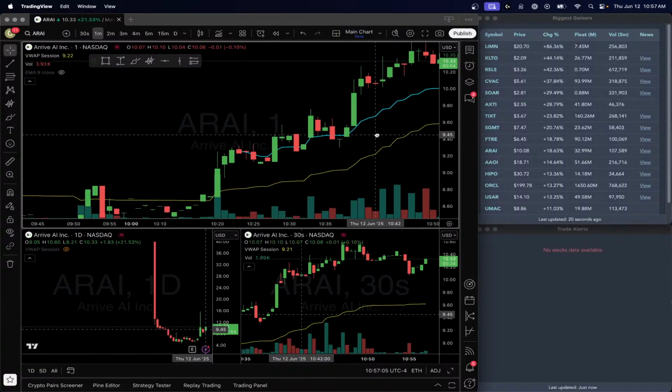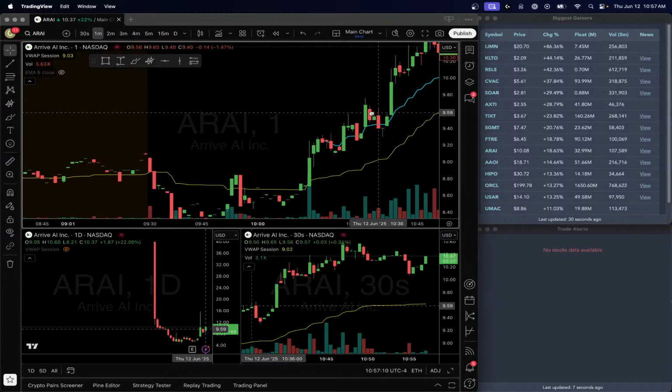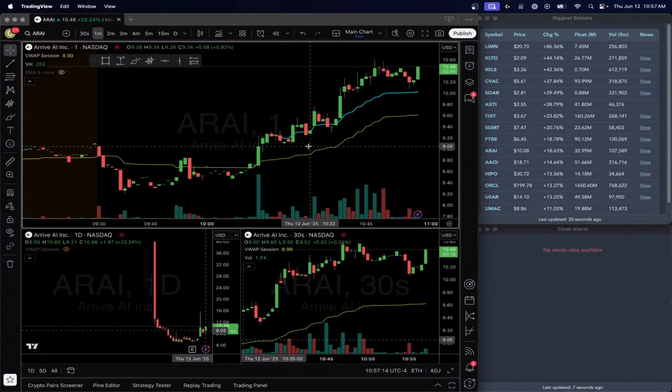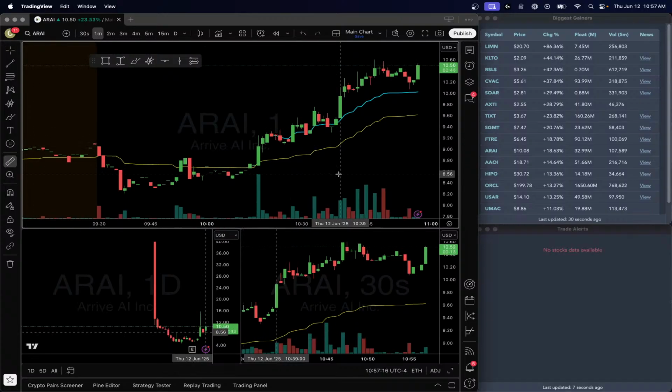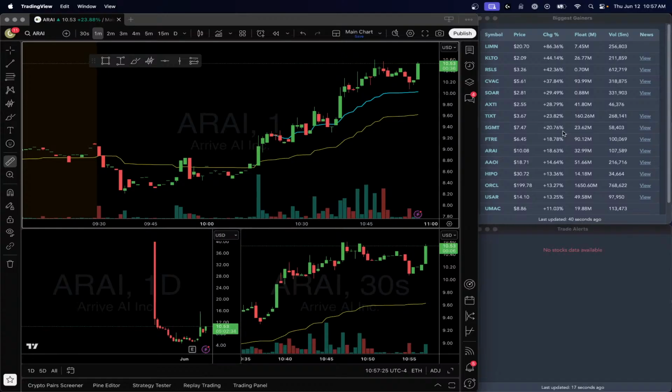AR, AI. I don't know if that popped up or not. I'm not sure. But AR, AI might not have even popped up on the 10% yet, because the biggest gainers, only 10% is going to show up, and AR, AI is not there.